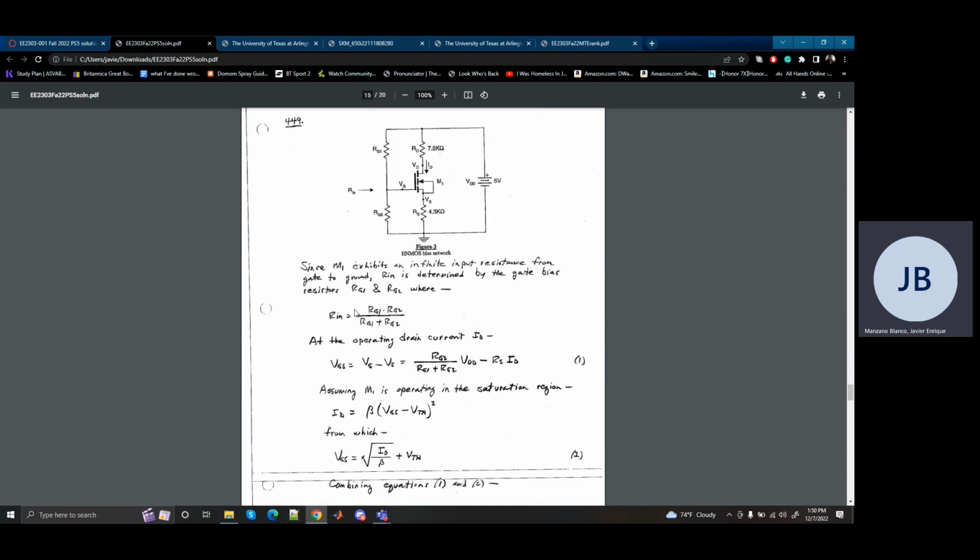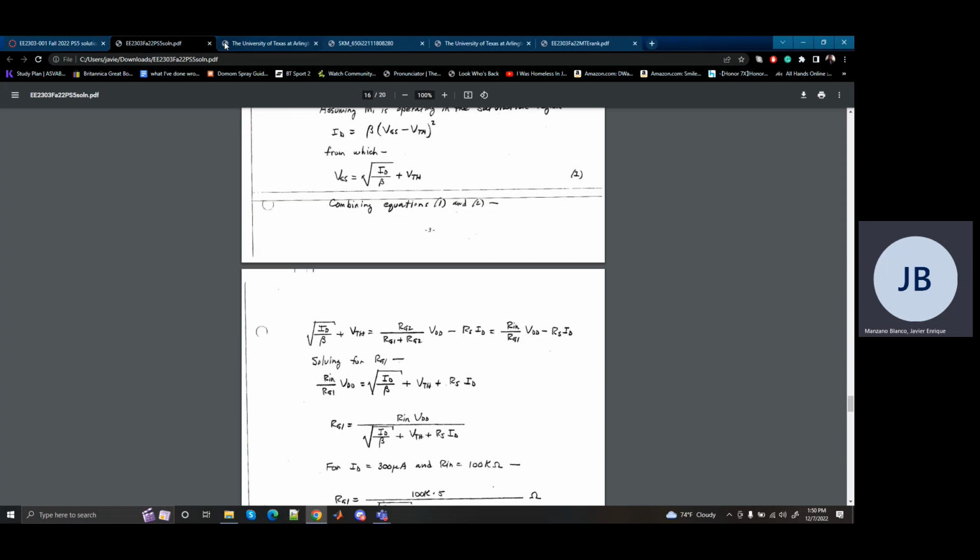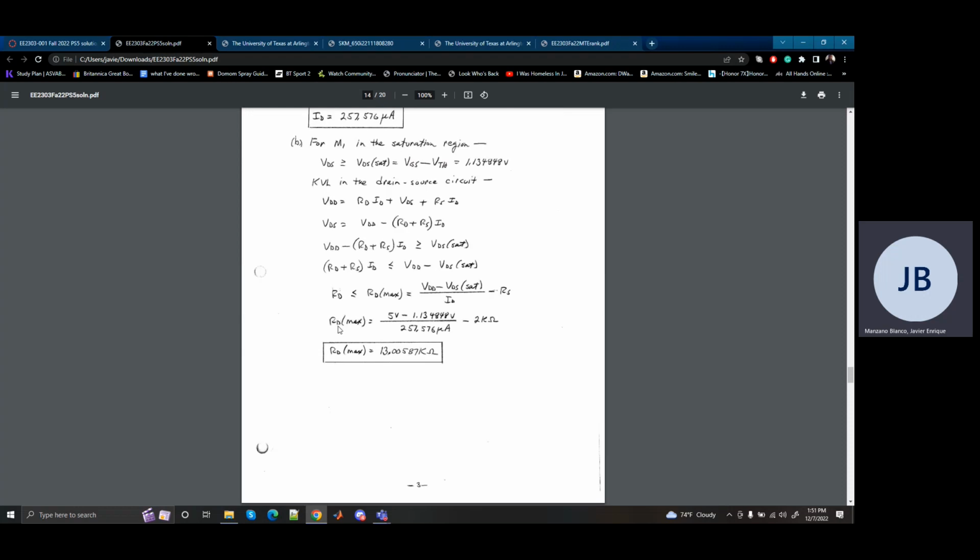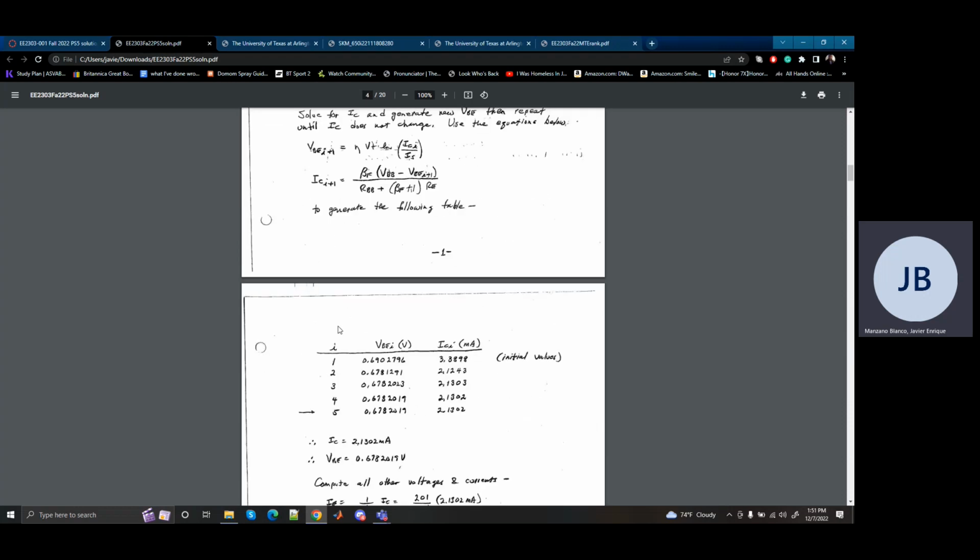Oh, that's what I was thinking of. But instead of doing the quadratic, you just put it in. If you're solving for VGS, it's always going to be the smallest one.